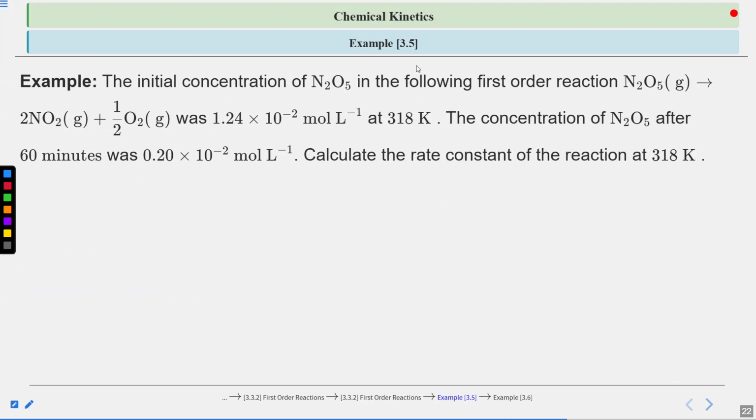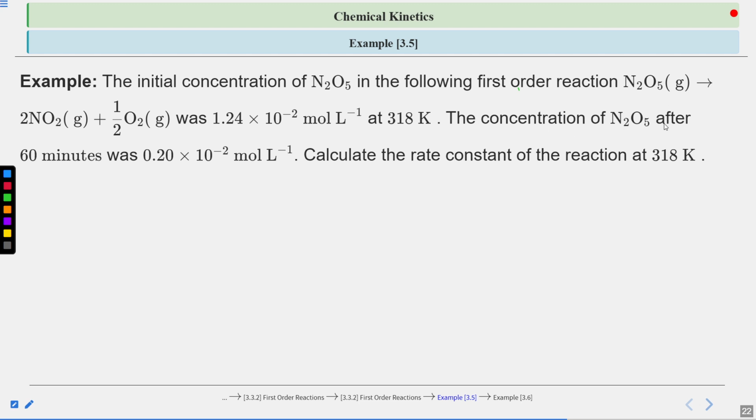So let's see the example, which is marked as 3.5 as per the NCERT textbook. The example is saying that the initial concentration of N2O5 in the following first order reaction, N2O5 converting to 2NO2 plus half of O2, was 1.24 times 10 to the power minus 2 mole per liter at 318 Kelvin.